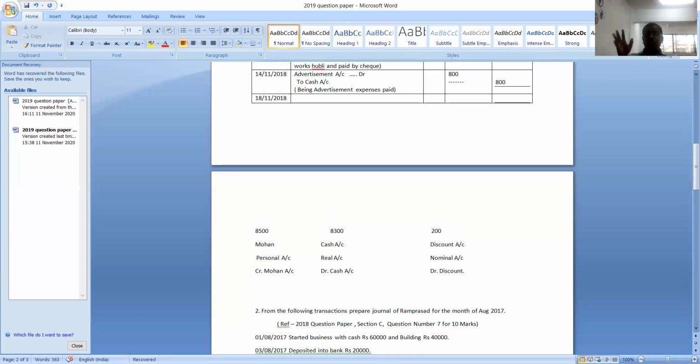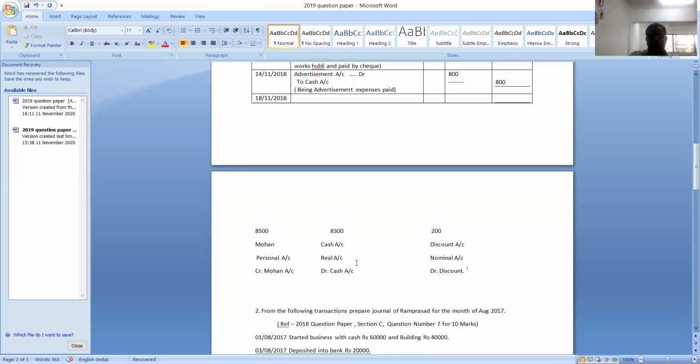Such transactions or entries are called compound entries, where more than one account is debited or more than one account is credited, where you will find minimum three accounts in a transaction. If there are only two accounts, then it is called a simple entry. If there are more than two accounts in a transaction, then it is called a compound entry.